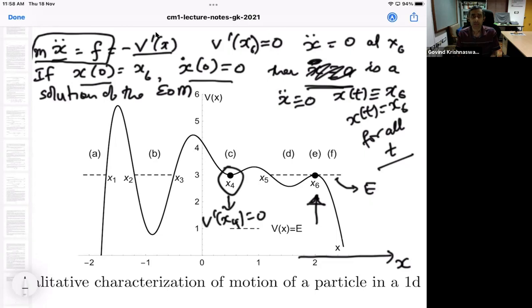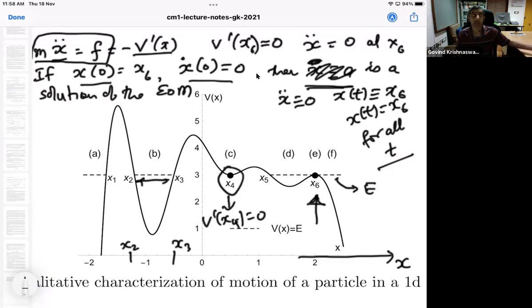So that was the idea. In addition, we talked about other types of motion which are not necessarily static. If the particle begins somewhere between x2 and x3, then it will oscillate back and forth with x2 and x3 as turning points.